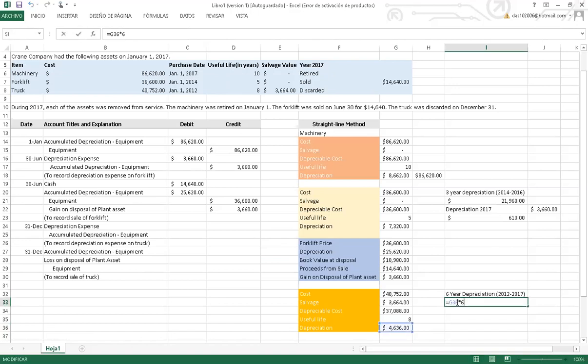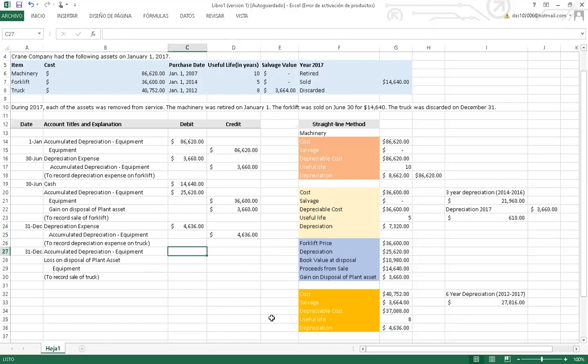So what we're going to do is the depreciation is going to be multiplied by 6. That is the number of years in which it has been used. So it gives us a total of $27,816 right here. Now, we're going to make the first journal entry in which the depreciation for 2017 equals $4,636, and accumulated depreciation is going to be the same amount.